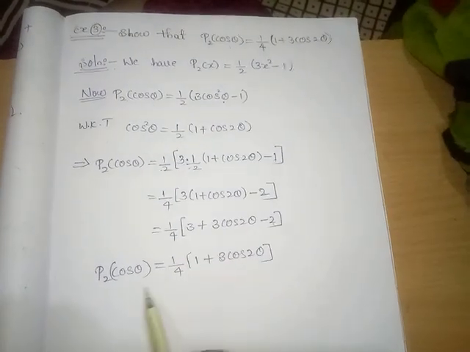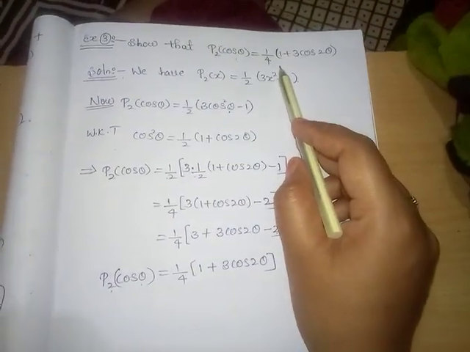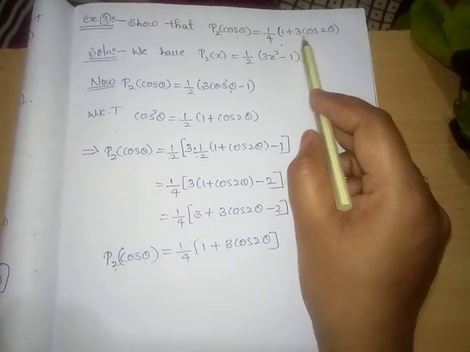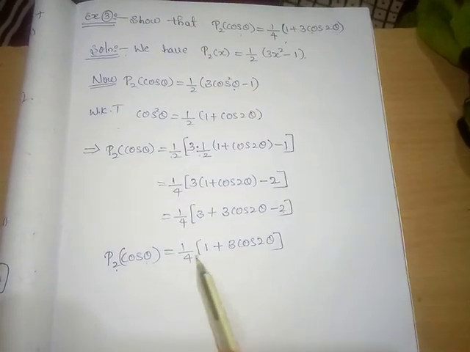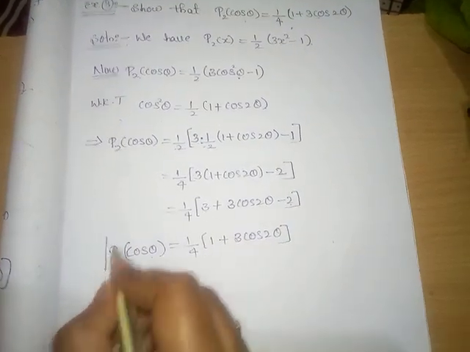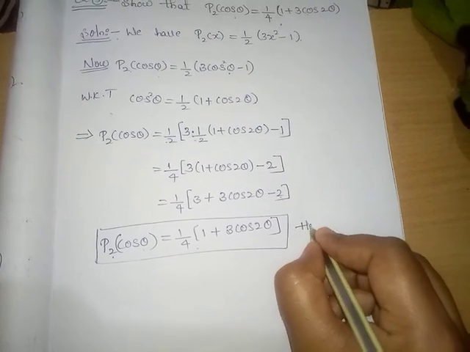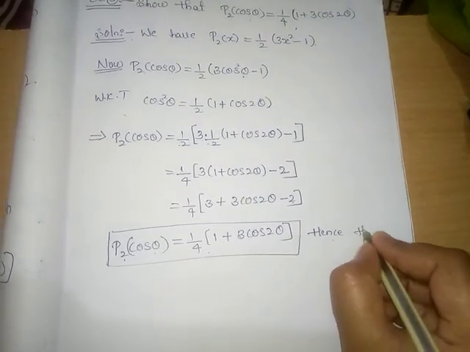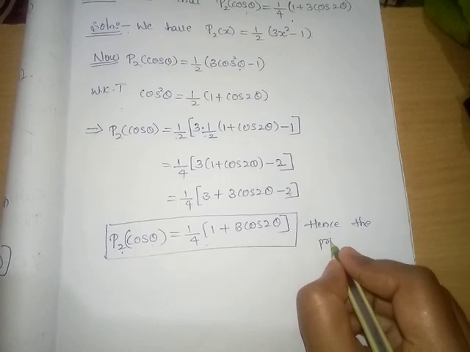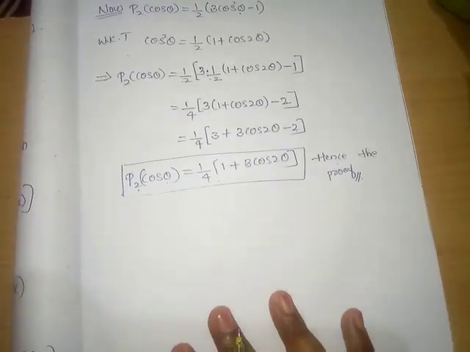See here, we have to prove that P2 of cos theta is equal to 1 by 4 into 1 plus 3 cos 2 theta. Therefore, it is 1 by 4 into 1 plus 3 cos 2 theta. Hence the proof. Show that means we have to prove that one. Hence the proof.